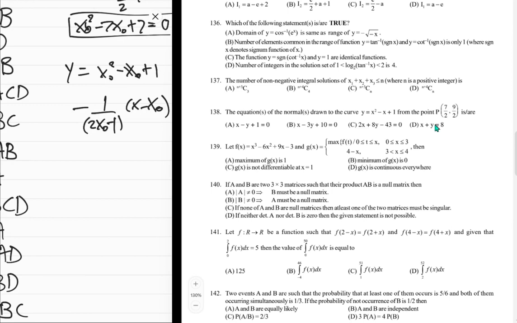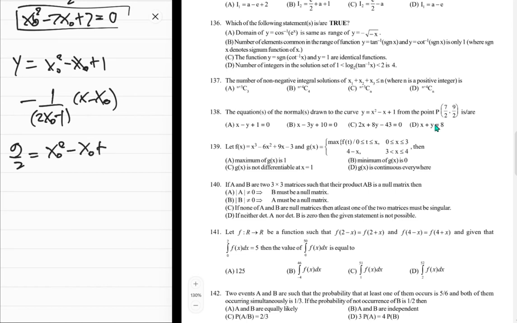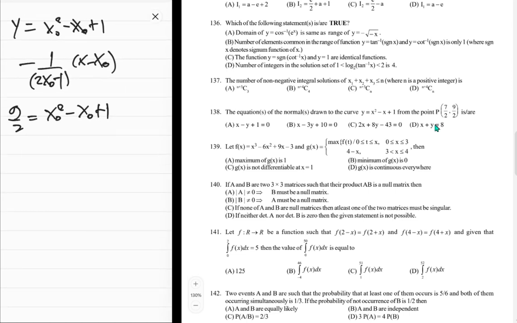Okay, so we will try this: 9/2 equal to x naught squared minus x naught plus 1, and then here 7/2 minus x naught, so plus x naught minus 7/2 x naught minus 1. So think about it, it's like plus 1, and this whole thing is just 1/2 into 2x naught minus 7/2 x naught minus 1.